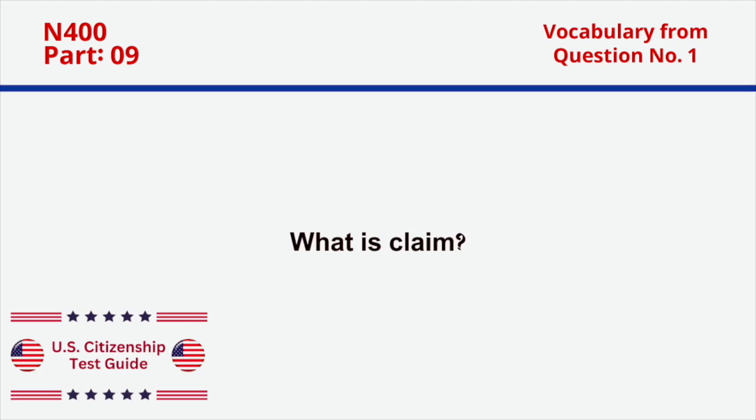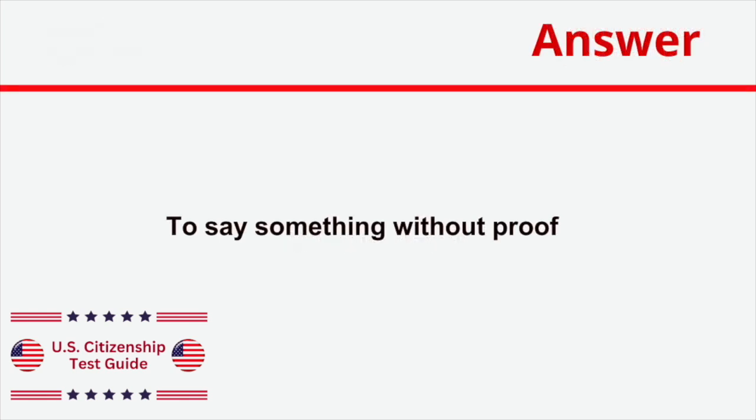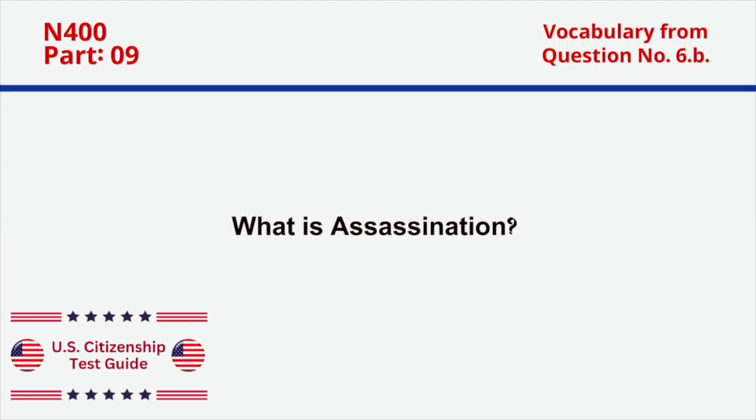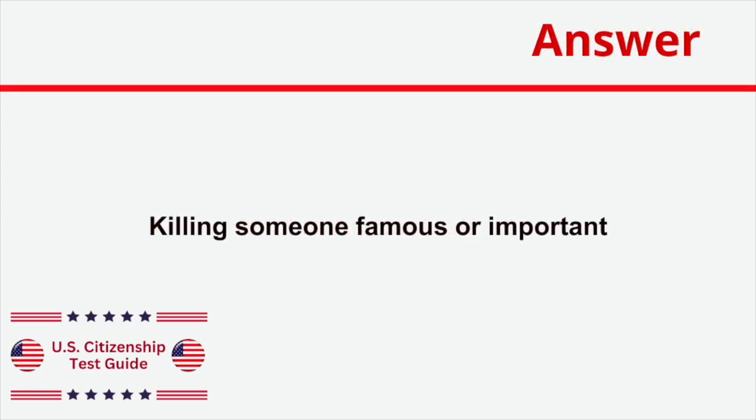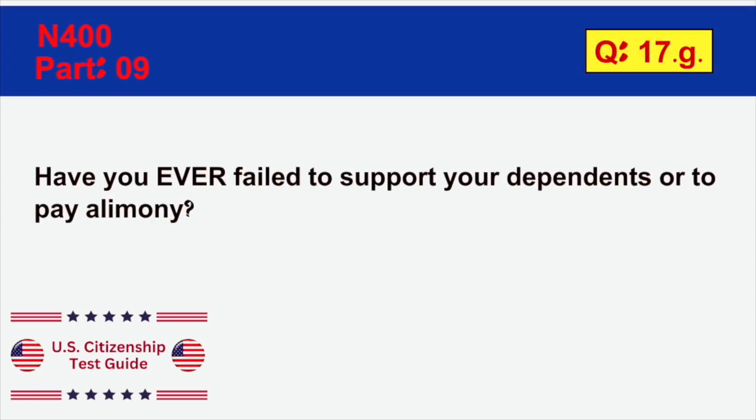What is claim? To say something without proof. What is assassination? Killing someone famous or important. Have you ever failed to support your dependents or to pay alimony?